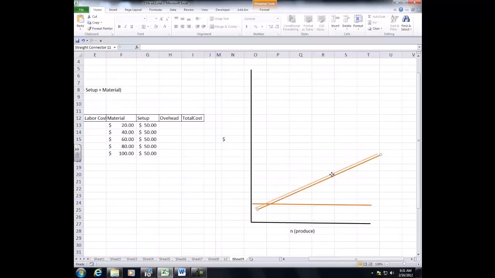It should be at 0, right? It really starts from 0. So at 0 units produced, your total material cost is 0. And as you increase the number of units you produce, your material cost will increase by $20 per unit. Good.